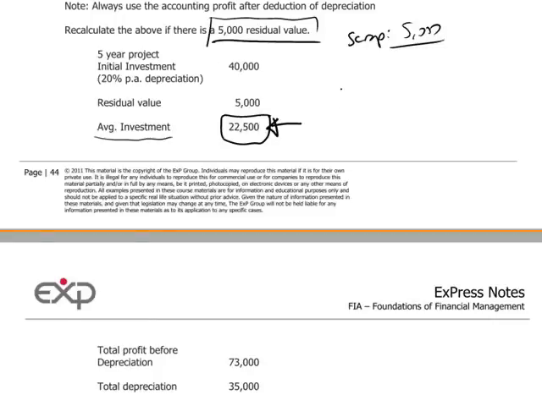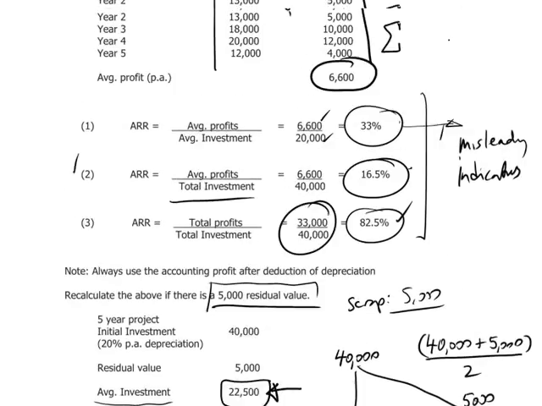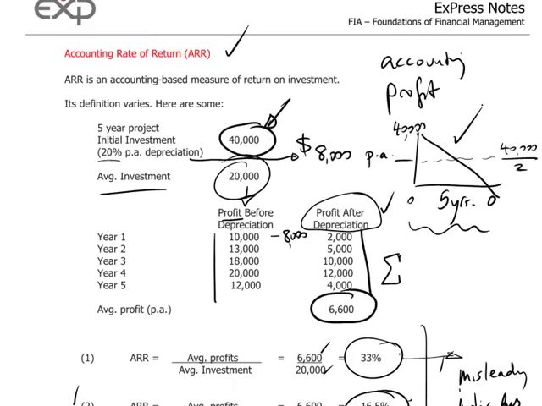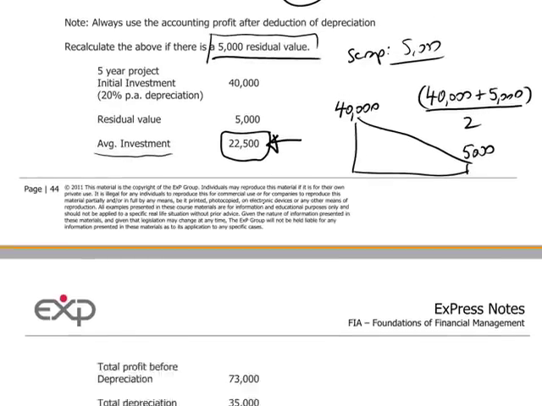And the answer is, if we invest initially $40,000 in the project, and at the end of the 5 years the asset is worth $5,000, then we could say that our average investment is going to be $40,000 plus 5,000 divided by 2. We're just applying the same logic as we did earlier when we calculated the average investment without a residual value. And in this case, we can see that 45,000 divided by 2 is 22,500.